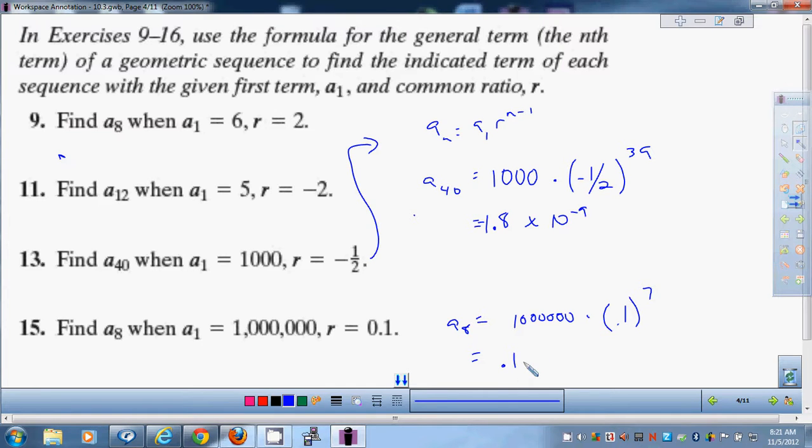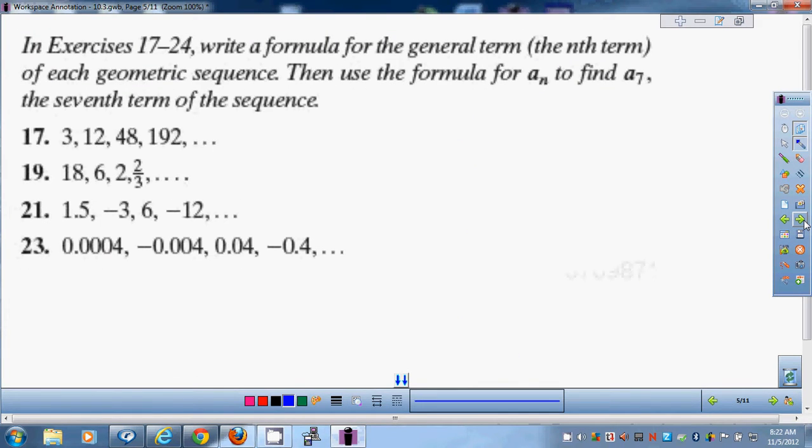Did anybody get something different that they'd like for us to take a look at? Alrighty. Moving on then. That's the general term.